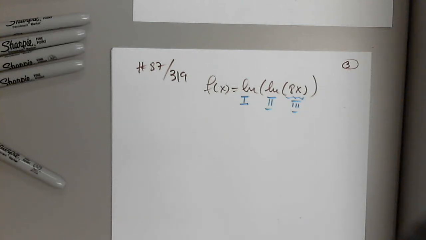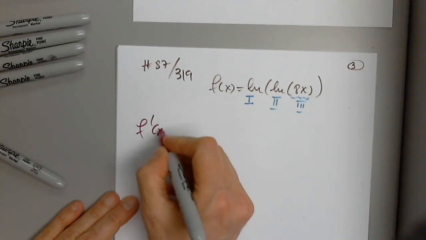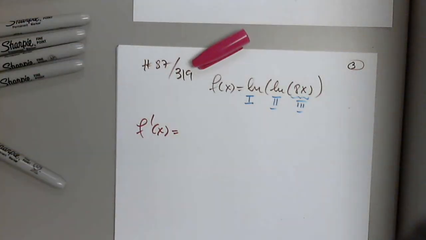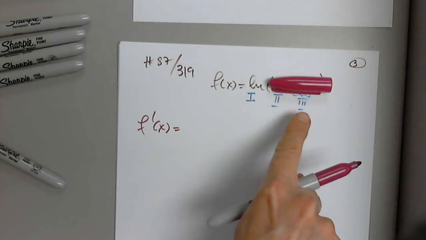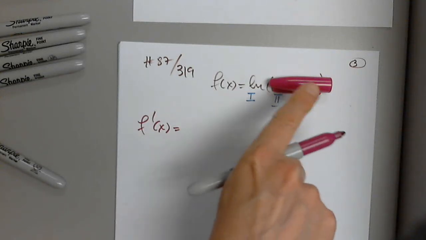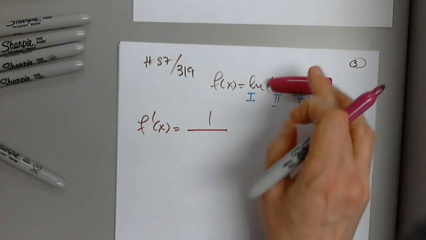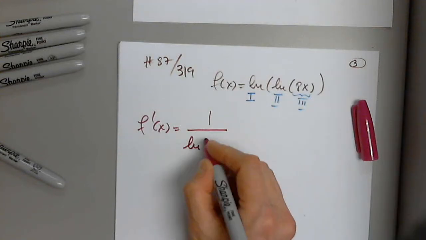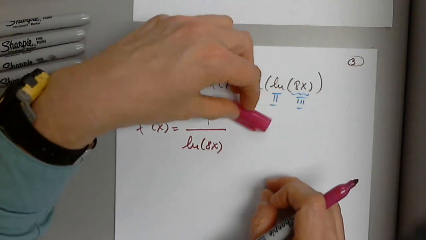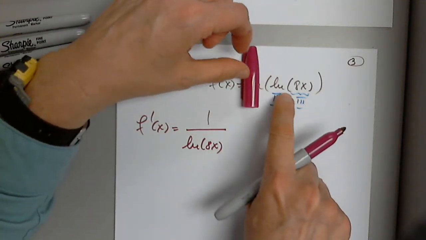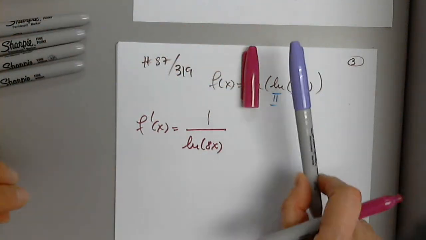Just making sure. So f prime of x. If you have any difficulties, just cover this and say I'm differentiating natural log. What do I get? 1 over x. 1 over this, 1 over all this, whatever this is that I covered. So 1 over, and now I uncover it to copy it, times, now I cover this, because I'm differentiating this piece, over 8x.